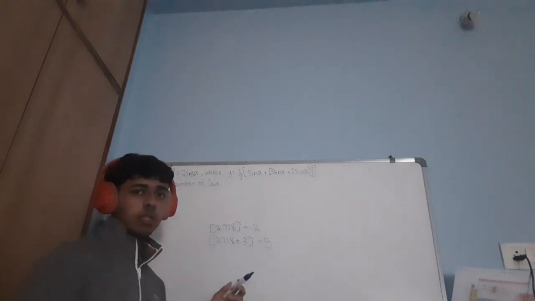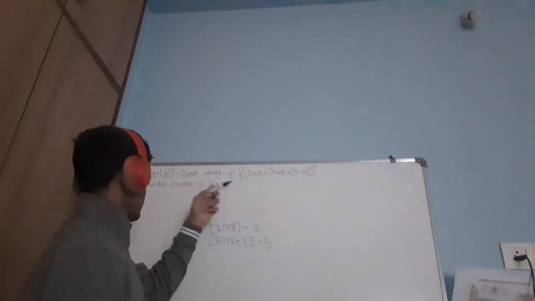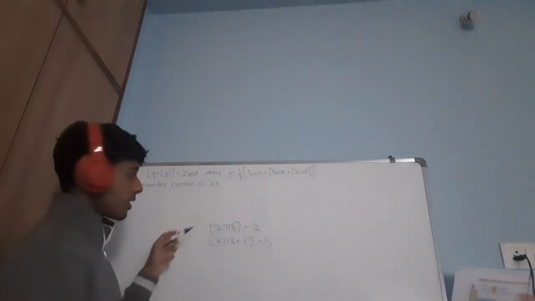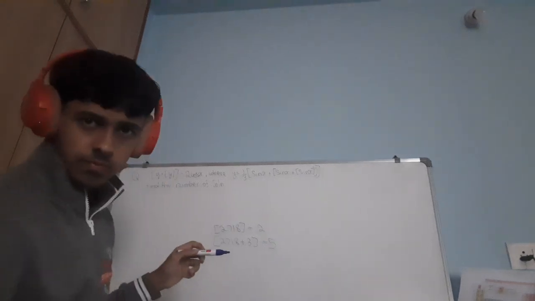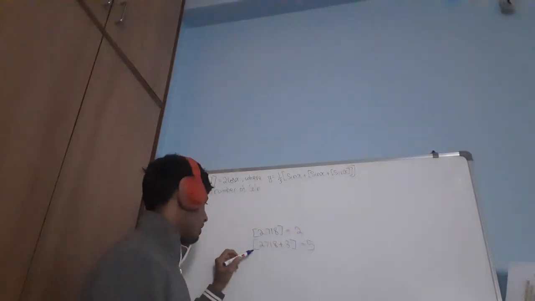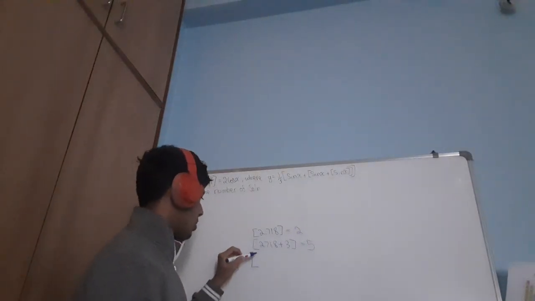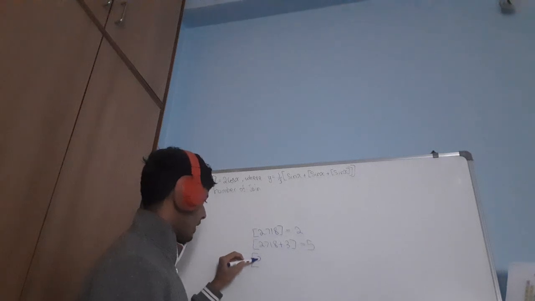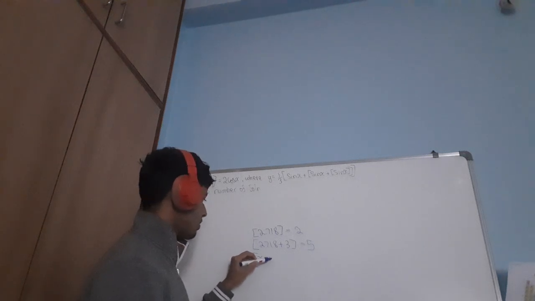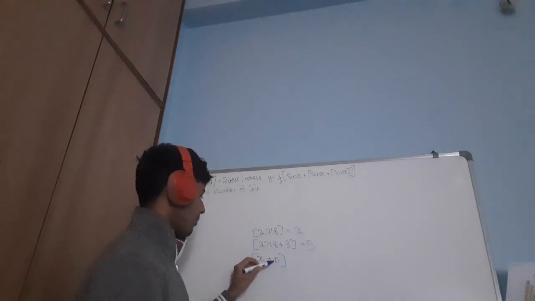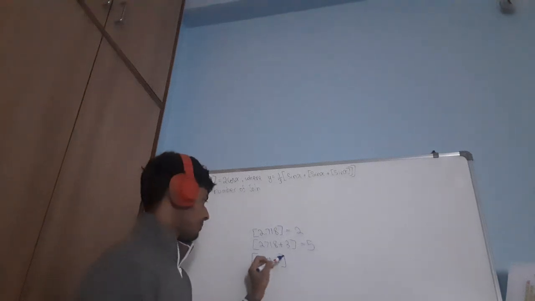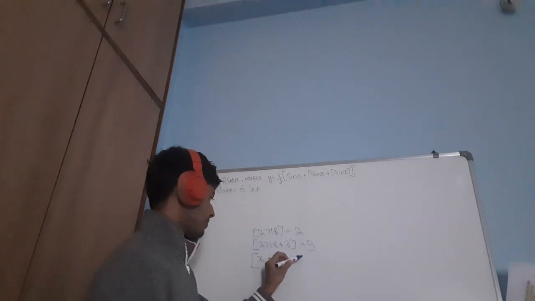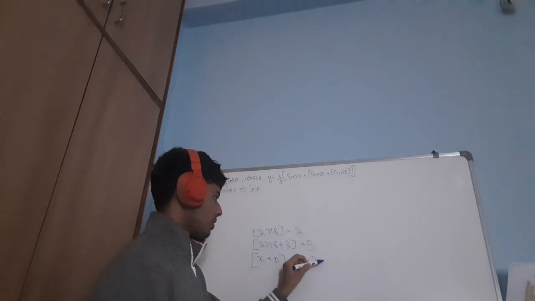But the property I want to be using while solving this question is that the box of x plus n, where n is an integer, is just box of x plus n.